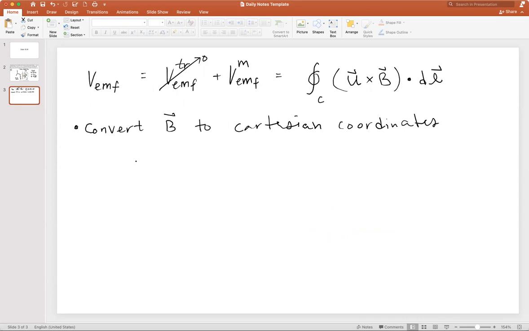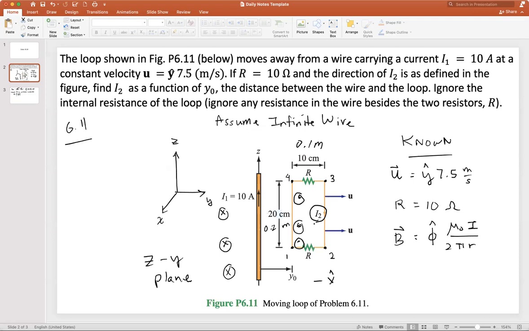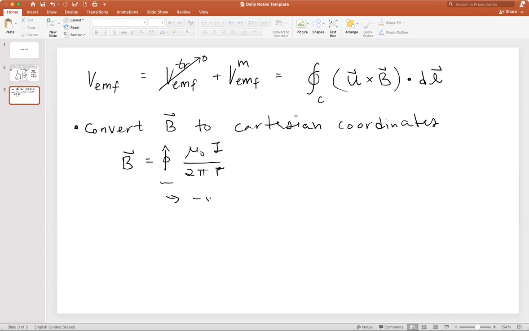Like I said, we're going to use a little bit of a shortcut method here, because we're only dealing with this one plane. We can easily see that the phi direction for this loop of wire that's carrying current I2, which again is determined by the right-hand rule, is going to be minus X. So we're just going to convert this into Cartesian coordinates like this.